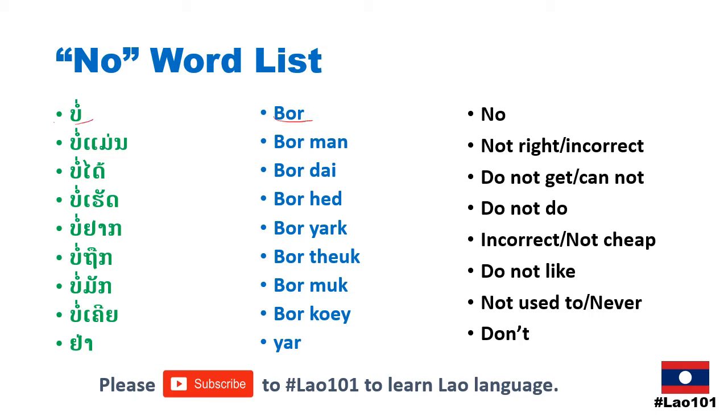But if you say bo man, this one is related to the verb to be. Man pen you, it means not right or incorrect. So let's read through this first, and then I will slowly explain the lesson to you.